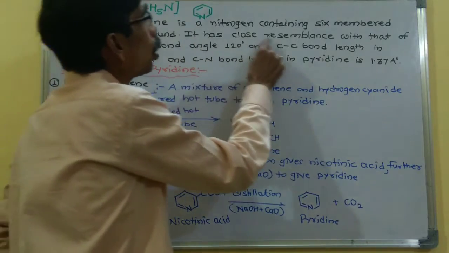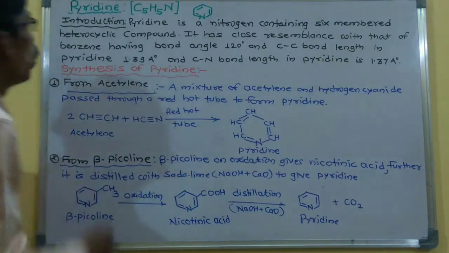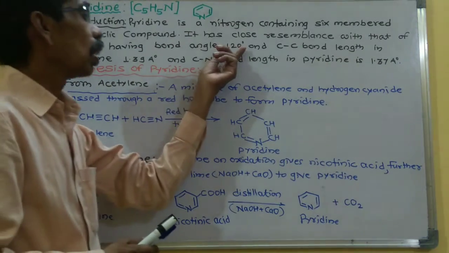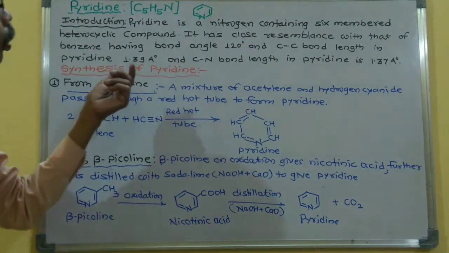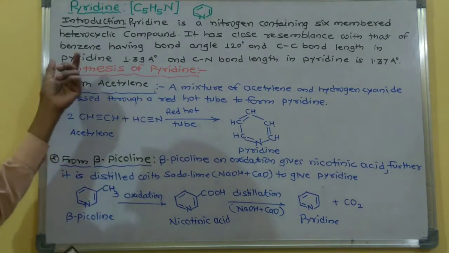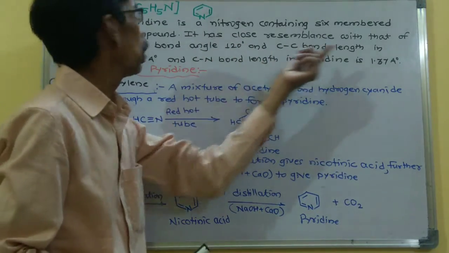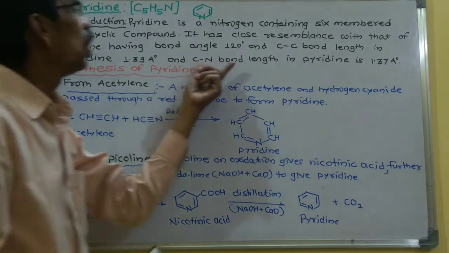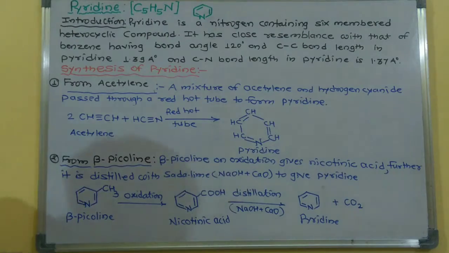It has close resemblance to benzene, having a bond angle of 120 degrees. In benzene there is also a bond angle of 120 degrees, and the CC bond length in pyridine is 1.39 angstrom, and the CN bond length in pyridine is 1.37 angstrom.